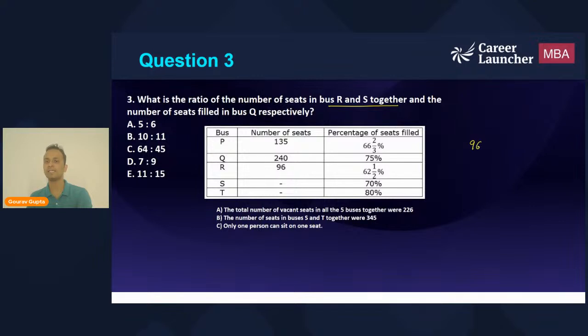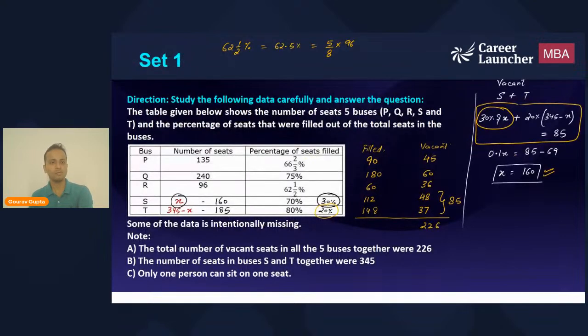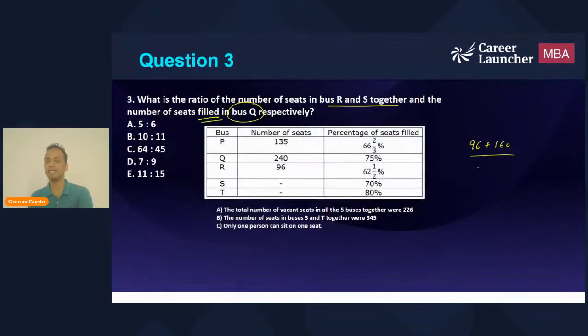So 96 plus 160 is the first number. I have to calculate its ratio with the number of seats which are filled in bus Q. According to the table, that is 180. So the numerator is 256, the denominator is 180. Simplify this and get the answer.